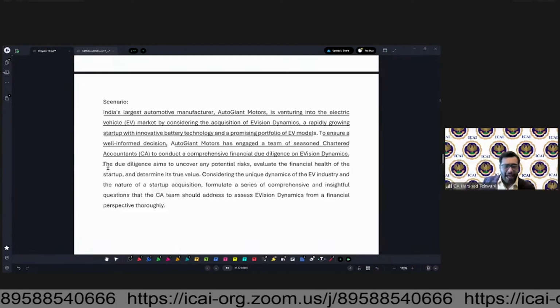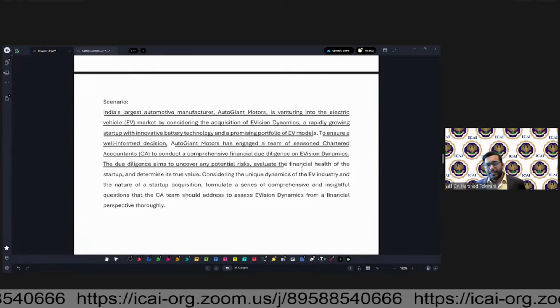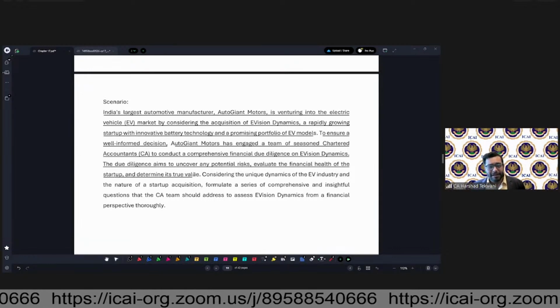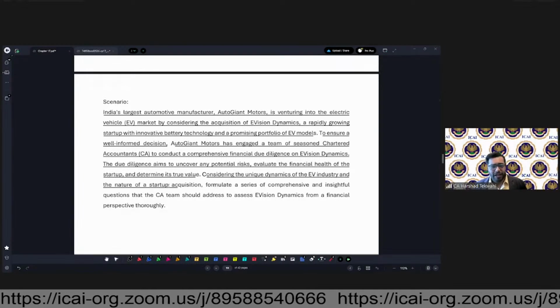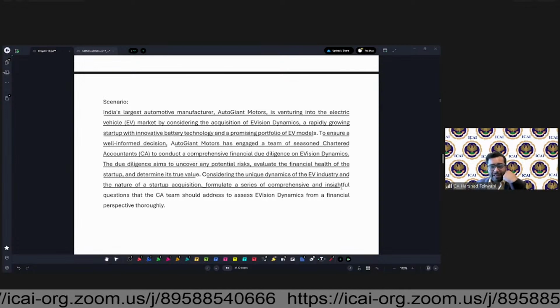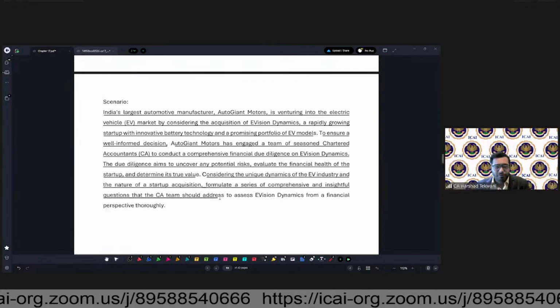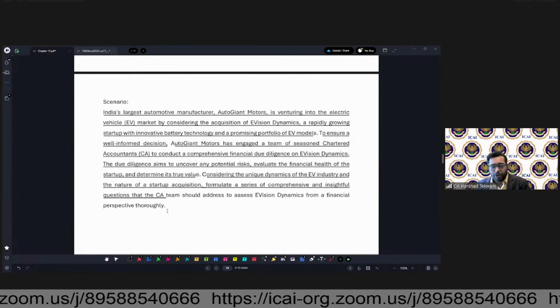The due diligence aims to uncover any potential risk, evaluate the financial health of the startup, and determine its true value. Considering the unique dynamics of the EV industry and the nature of the startup acquisition, formulate a series of comprehensive and insightful questions that the CA team should address to assess eVisions Dynamic from a financial perspective thoroughly.